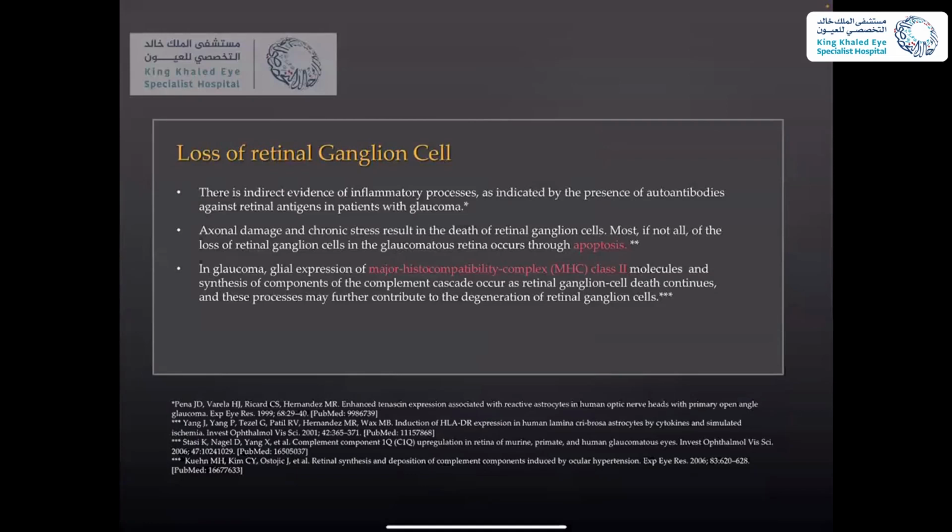And this process will further contribute to degeneration of the ganglion cells by programmed apoptosis or programmed cell death. So there is some sort of inflammatory process, or what we call autoantibodies against the ganglion cells, which will cause their death by apoptosis.